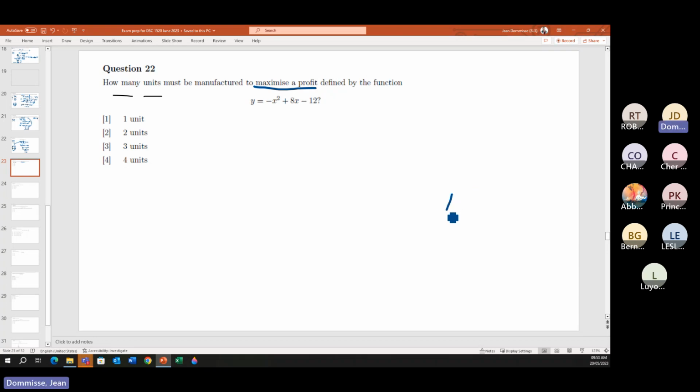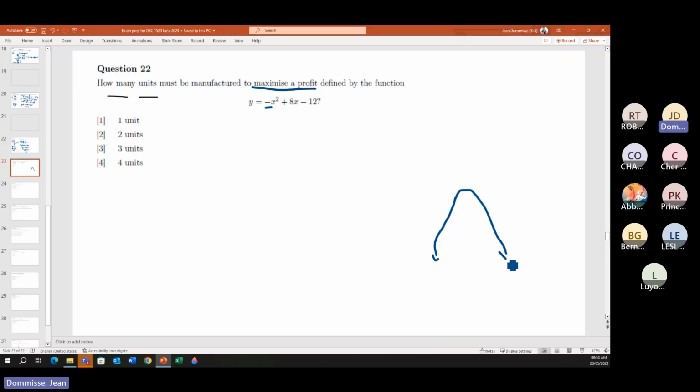So we know this is negative. So Robin, what you are saying is 100% right. Where marginal revenue is going to be equal to marginal cost is at which point on this graph?